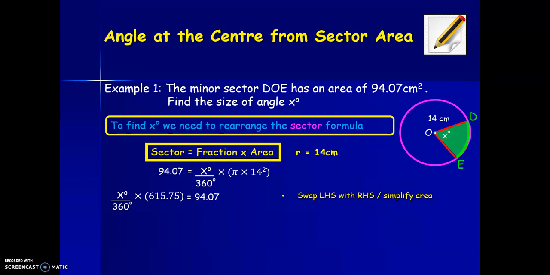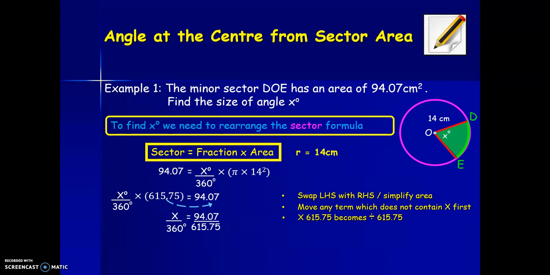Again, just like in previous examples, the first thing we do now is move any term which does not contain x. So we're going to move the times by 615.75 over to the other side of the equal sign. And when we do this, it will become divide by 615.75.